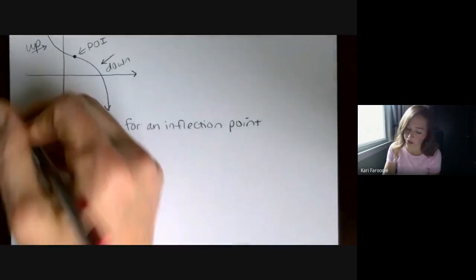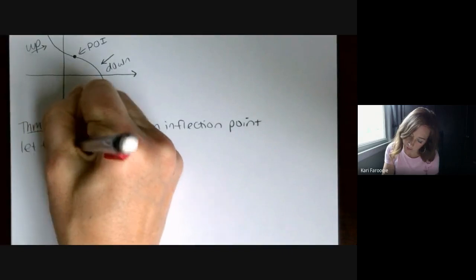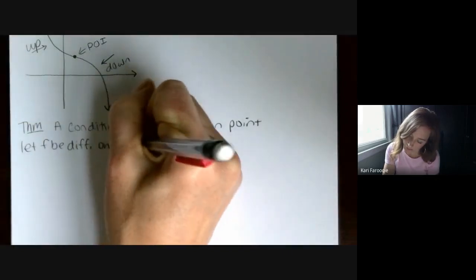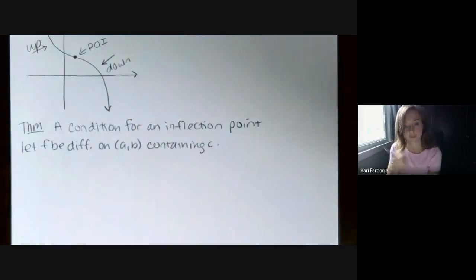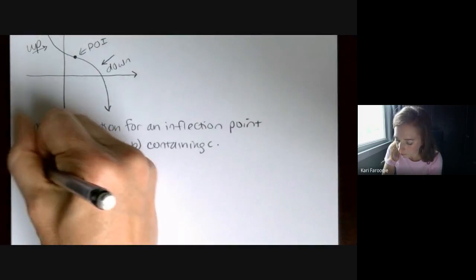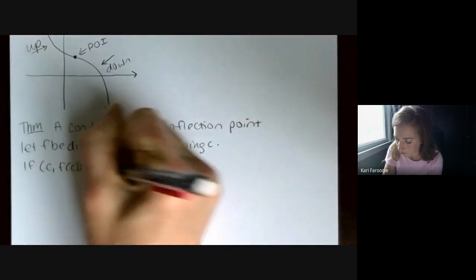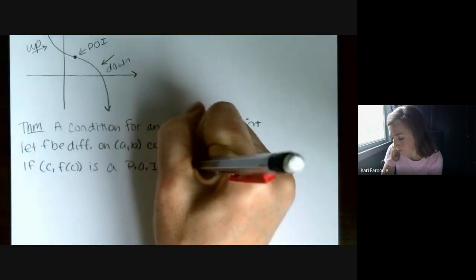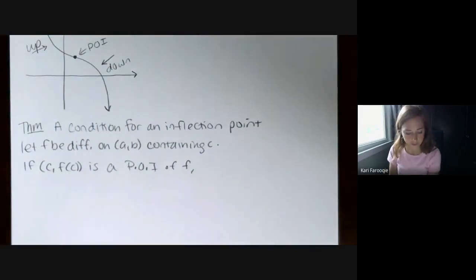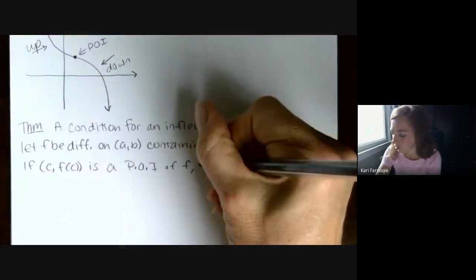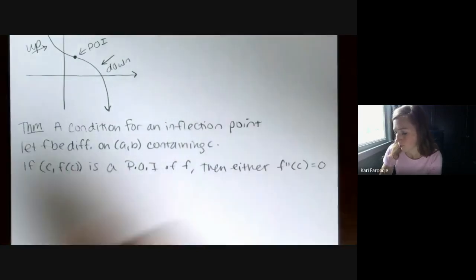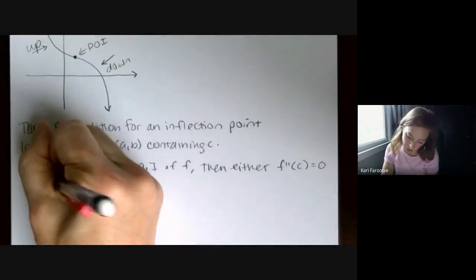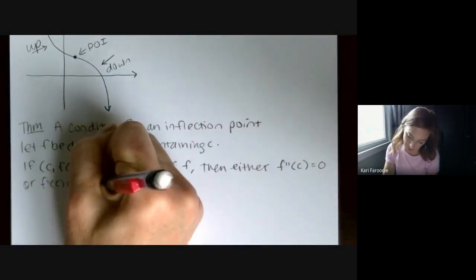Let f be differentiable on the open interval from A to B containing C. If (C, f of C) is an inflection point of f, then either f double prime of C equals 0, or f double prime of C does not exist.